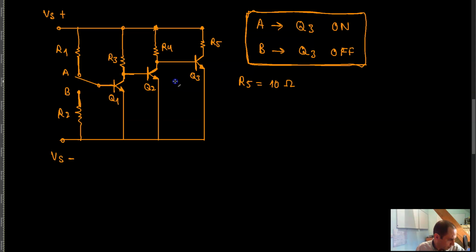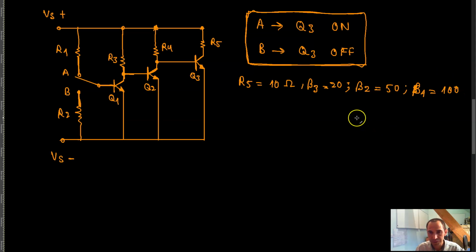And beta 3 is equal to 20. Beta 2 is equal to 50. And beta 1 is equal to 100. Right?